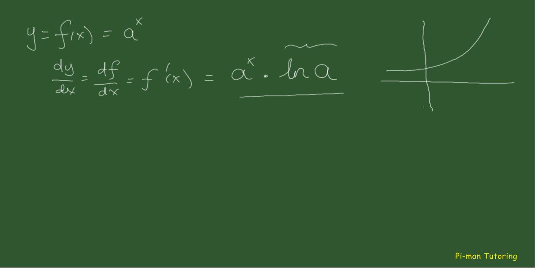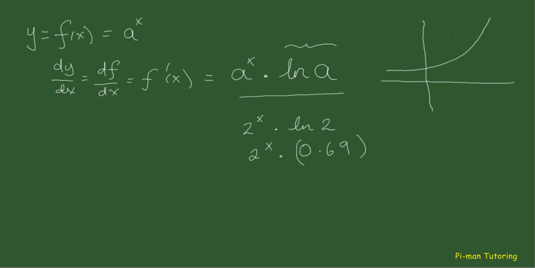So in the case of 2 to the x, we end up with 2 to the x multiplied by log of 2, which we saw was 2 to the x times 0.69 roughly.